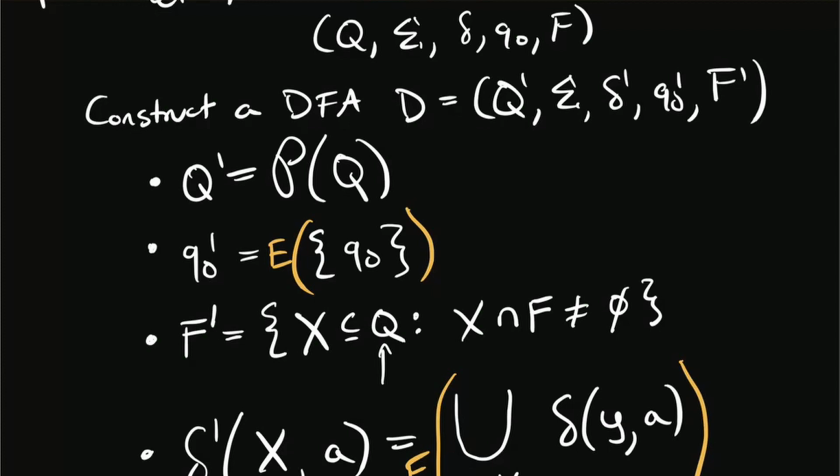Any questions about that? We're going to do an example, I promise. Yeah. Shouldn't we also do epsilon closure on X? No, I don't, because the only thing that we needed to know from the NFA's perspective is whether one of these states is final. So I only need to know what the states actually are.